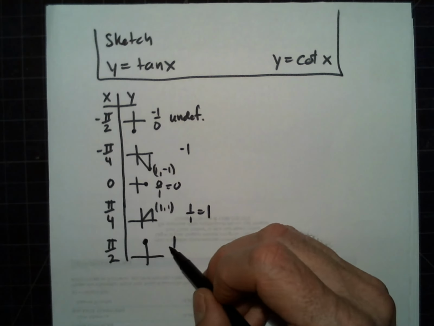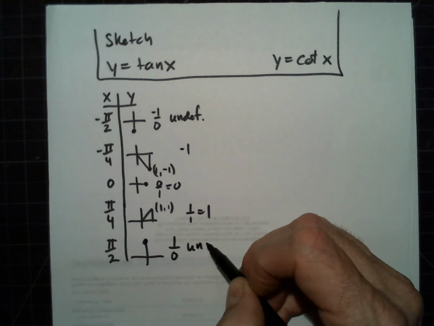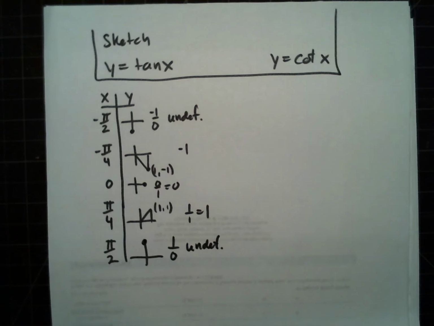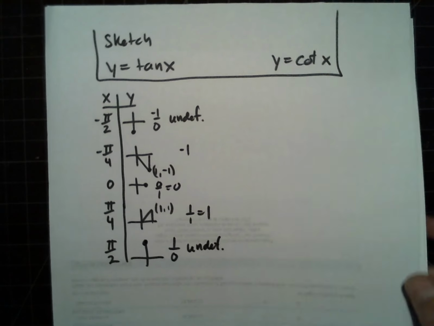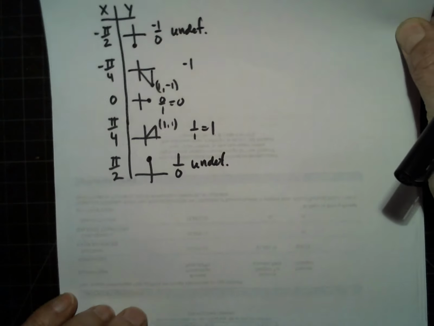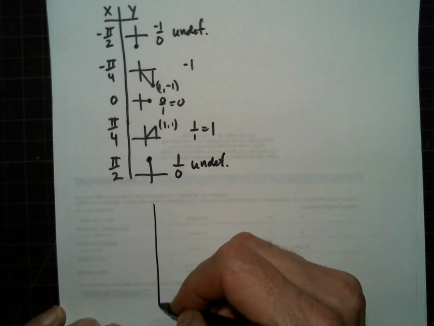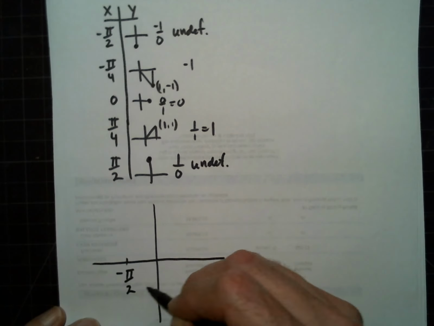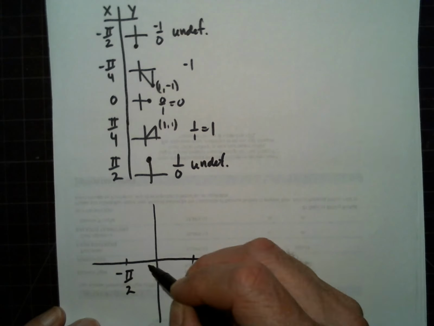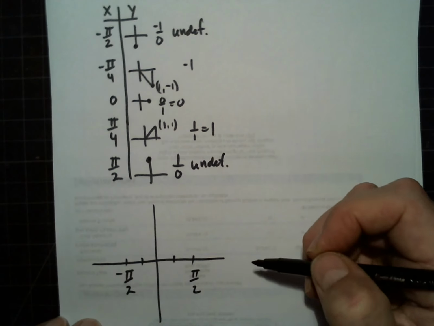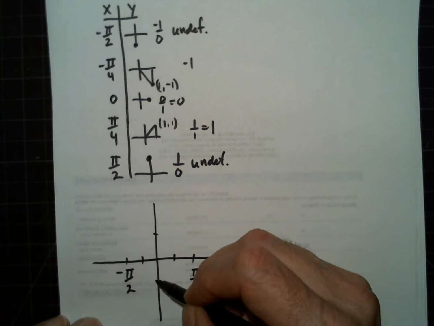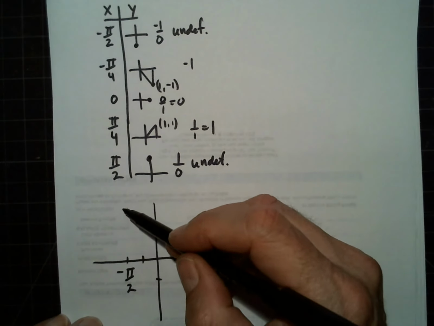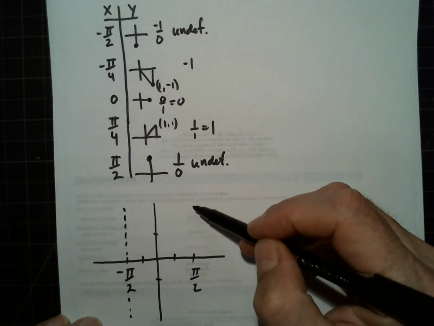The y value is 1, and the x value is 0, so that's undefined. There'll be an asymptote at negative pi over 2 and pi over 2.